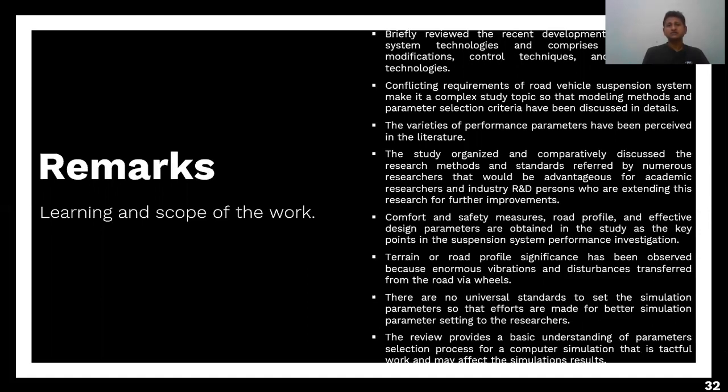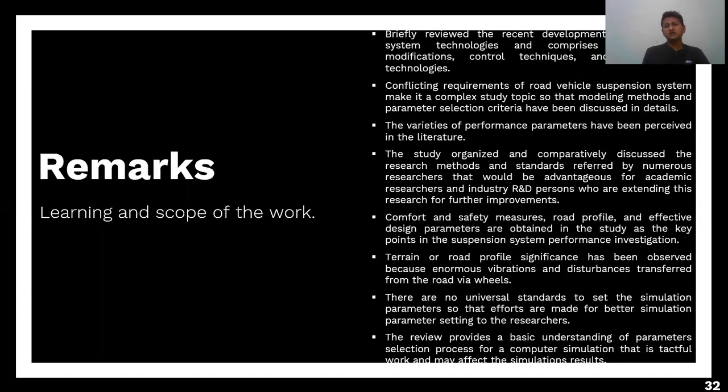Next, a variety of performance parameters have been pursued in the literature, as I already showed in the last slide, like the Sperling index and ISO index, and we can also develop some indexing on the basis of some parameters.